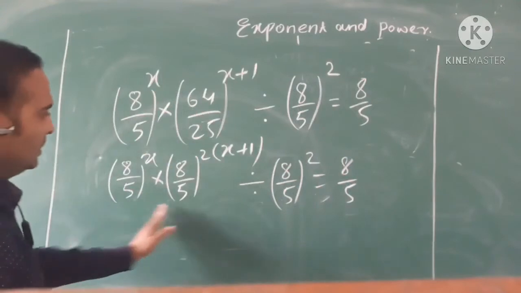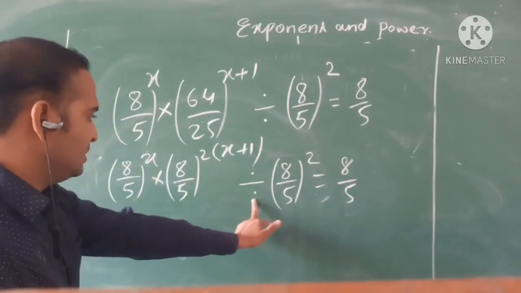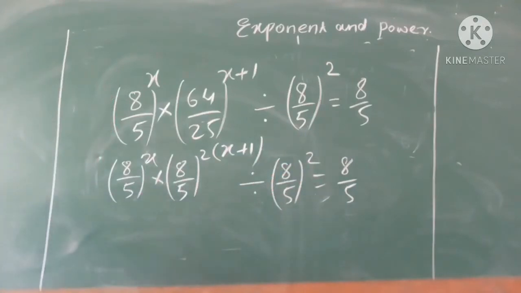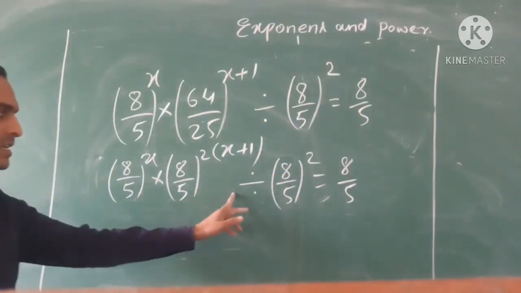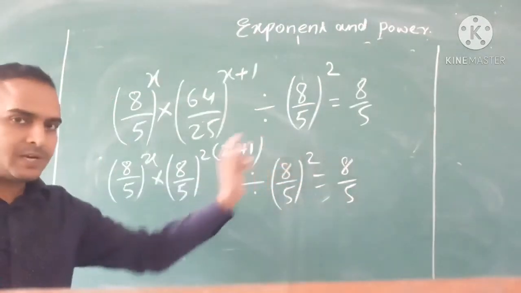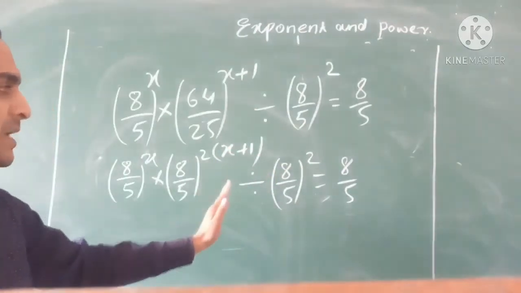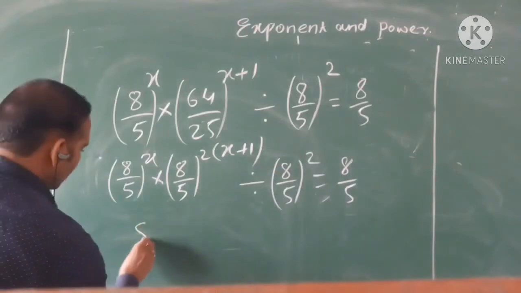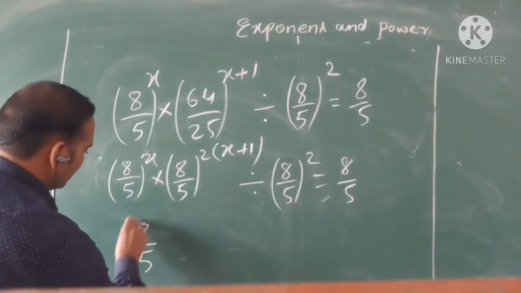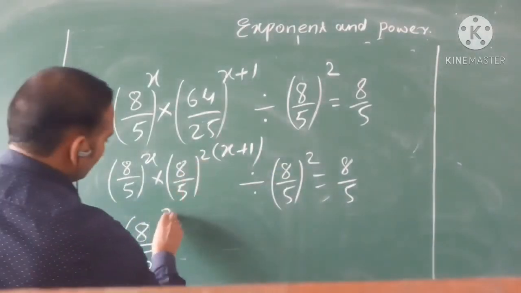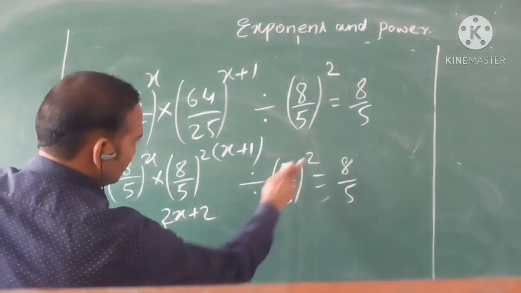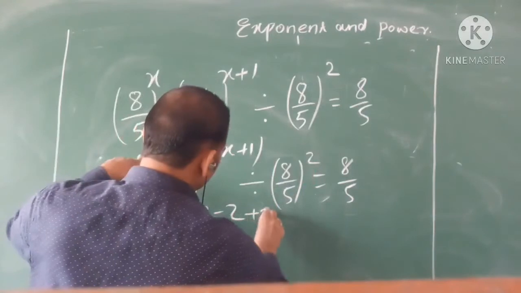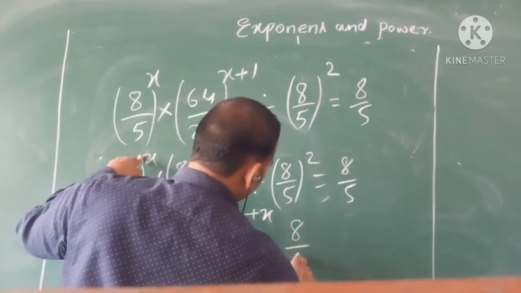Now this one is in division, and we know that in division powers are subtracted and in multiplication powers are added. So 8 by 5 to the power x plus 2x plus 2 minus 2 is equal to 8 by 5.